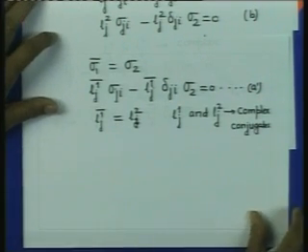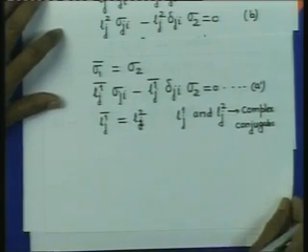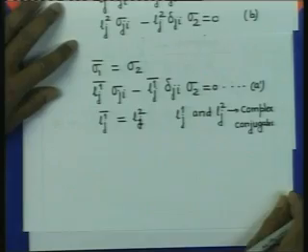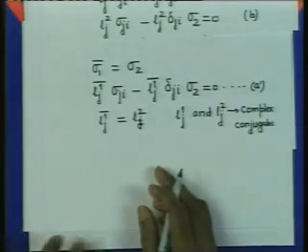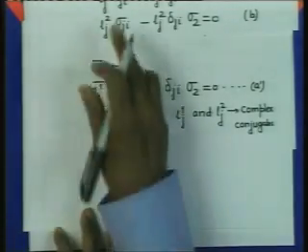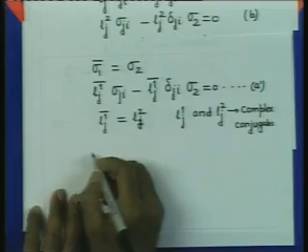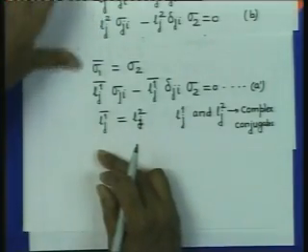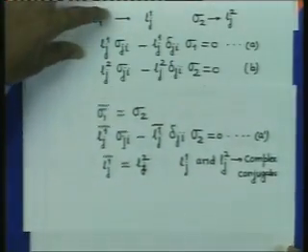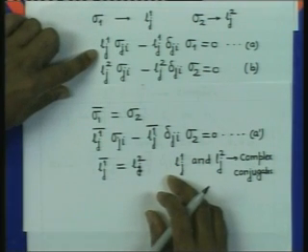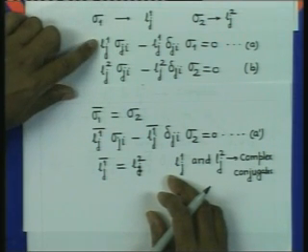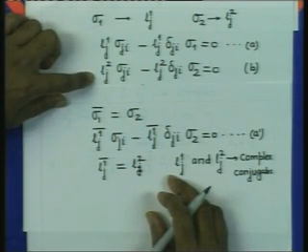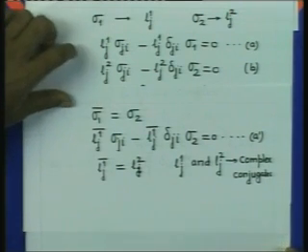Now, we go back to equations A and B. From A and B, we multiply this equation by Lj2 and this equation by Lj1 and subtract.